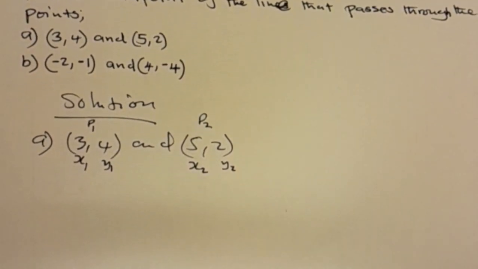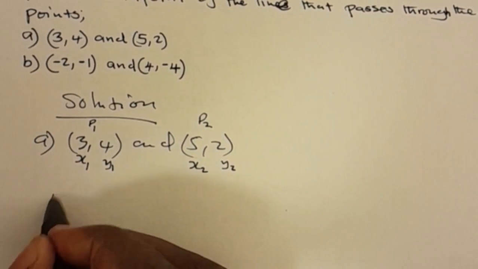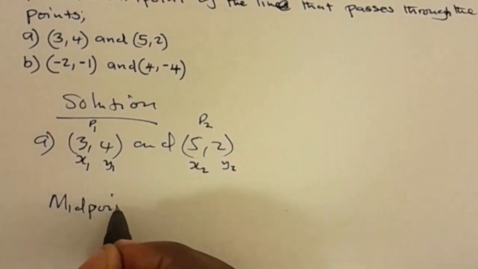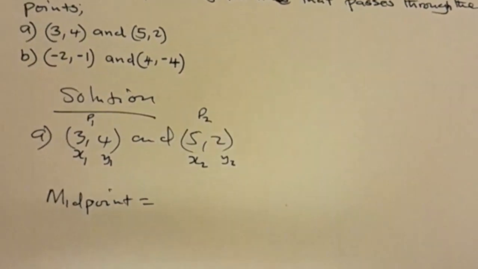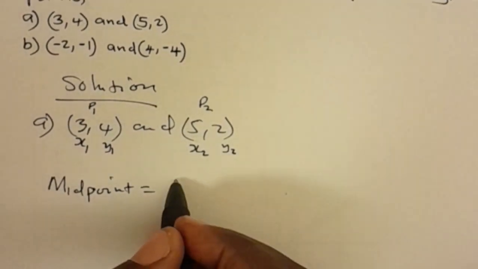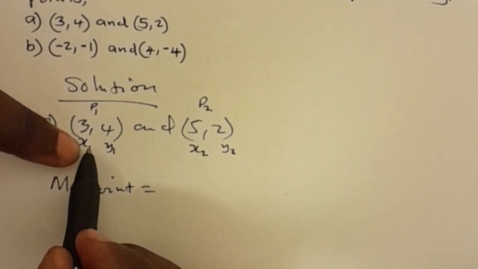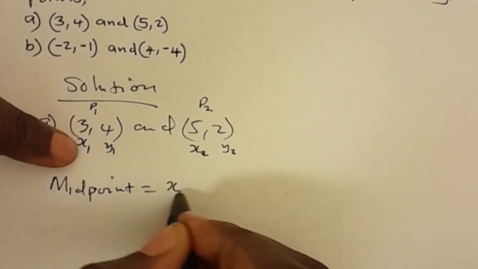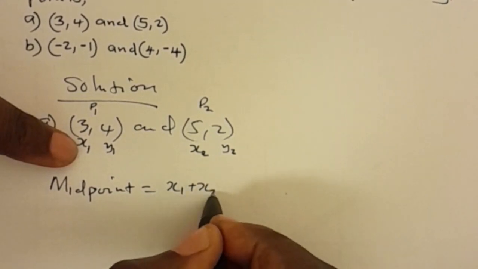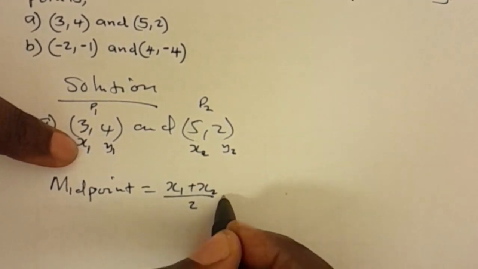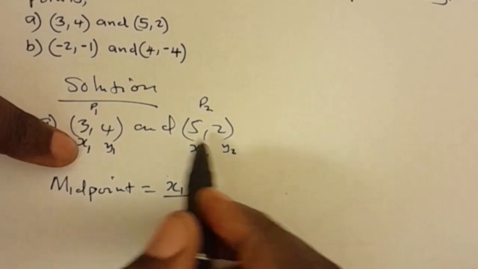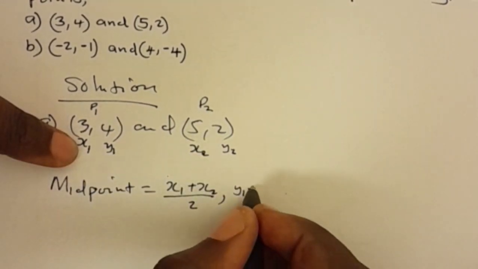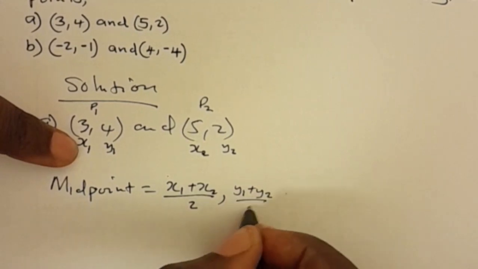So now the formula for finding the midpoint. So we're going to say midpoint is given by x1 plus x2 divided by 2, comma, y1 plus y2 divided by 2.